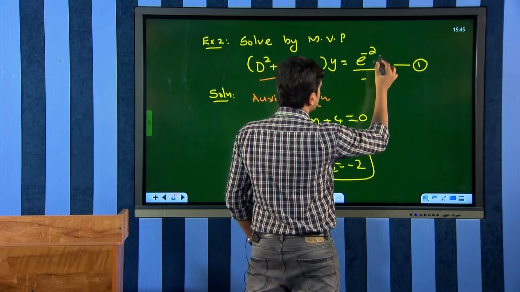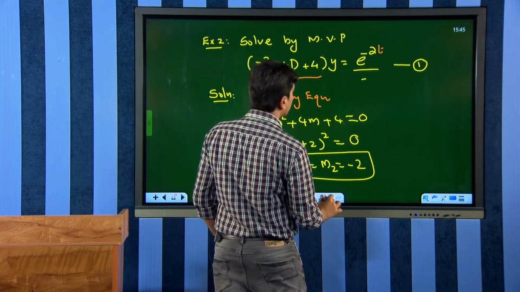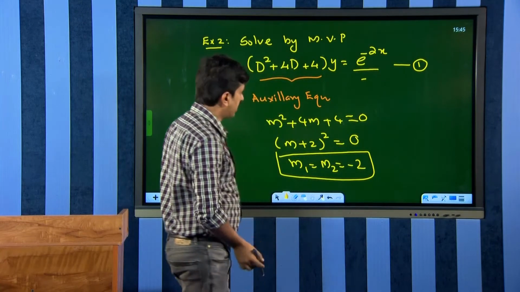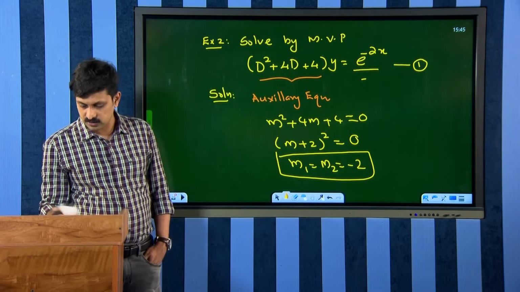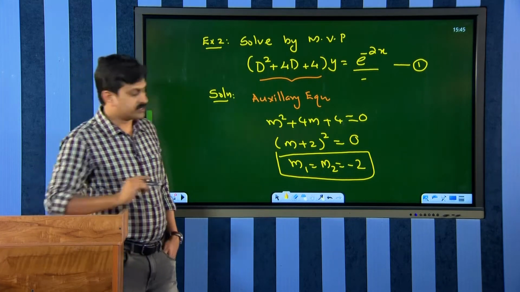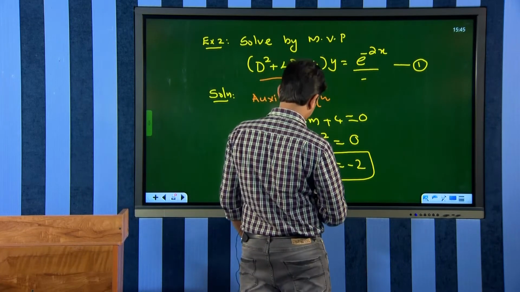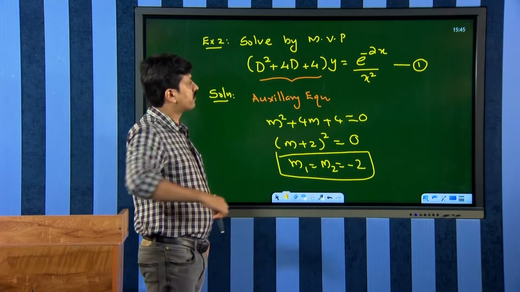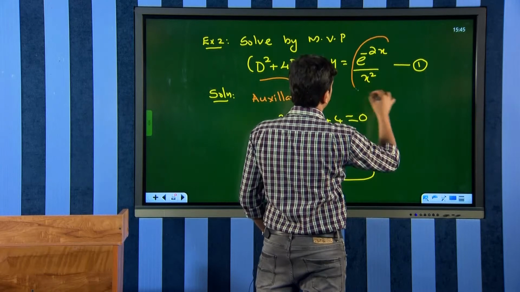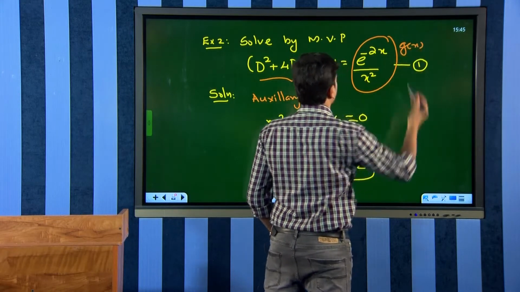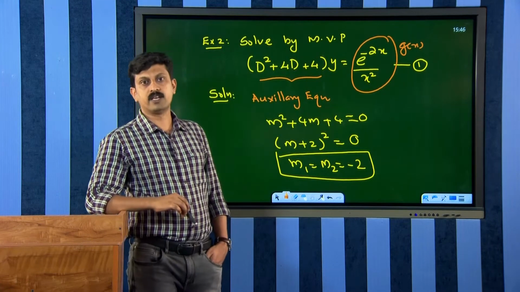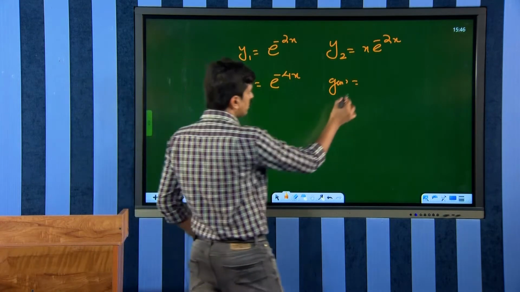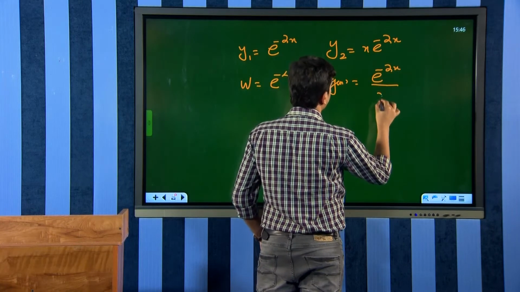So e^(-2x) divided by x square. Therefore, this is actually g of x: g(x) = e^(-2x) divided by x square.